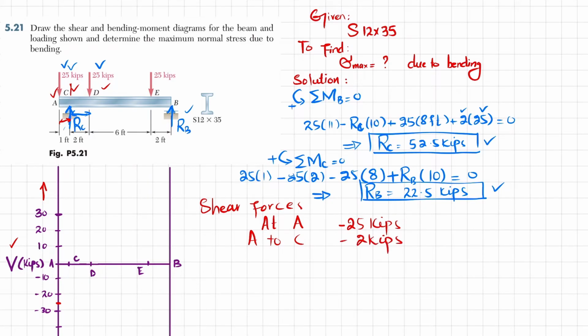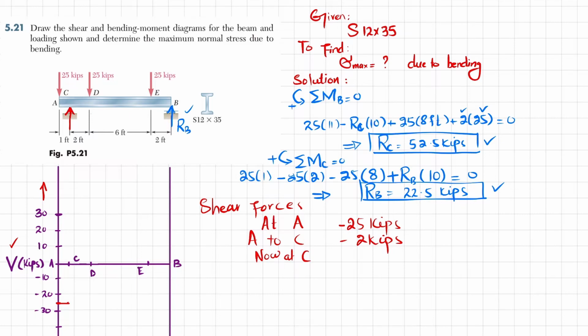Okay, so A to C, C is this point. From A to C it will be constant. Now at point C, you can see you have this reaction force as well, this RC.